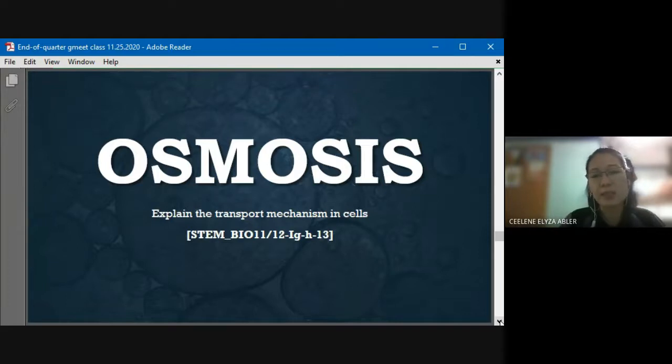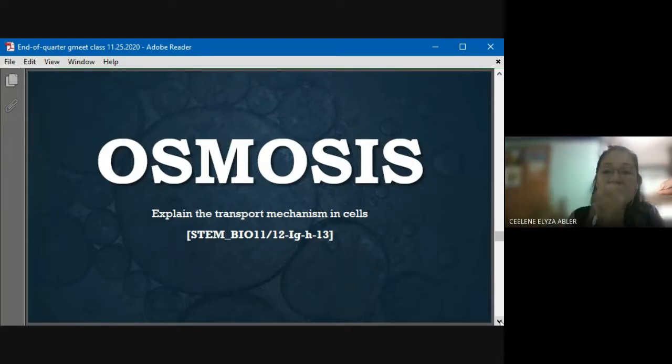Pag sinabi mong semi-permeable, ang ibig sabihin niyan, hindi lahat ng substances are allowed to go through. Even if it is allowed to go through, hindi lahat din sila na substances can be sure na papasok kay cell. Sometimes they are left behind out of the cell or they are left inside the cell for particular reasons.